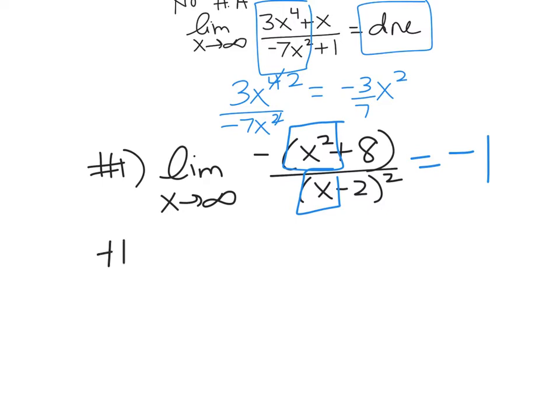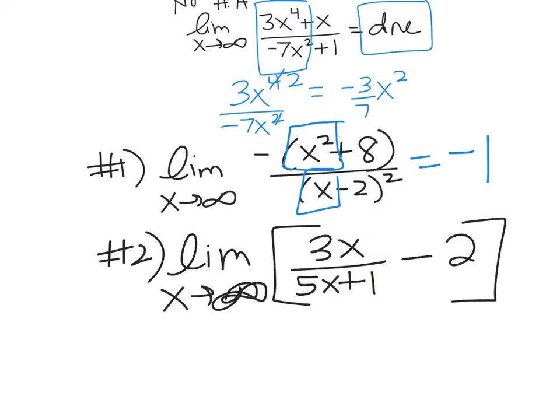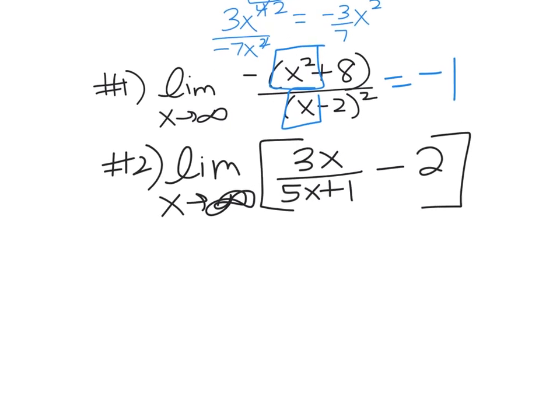Number 2. How about this one? The limit as x goes to infinity of 3x over 5x plus 1 minus 2. So we're going to use our properties. Do you remember those properties before? Yeah, the limit of that would be the limit of that.